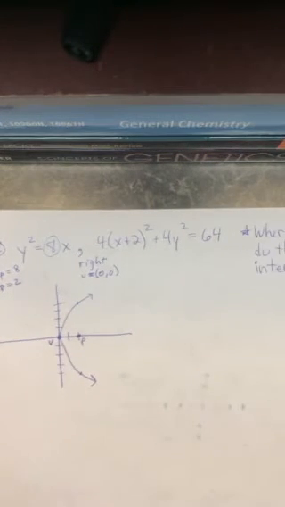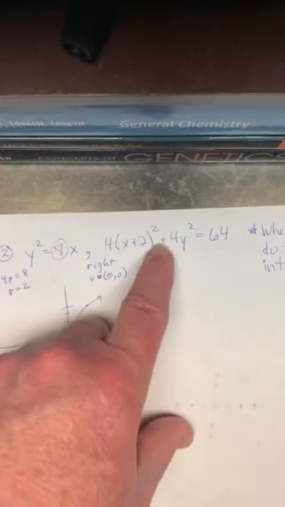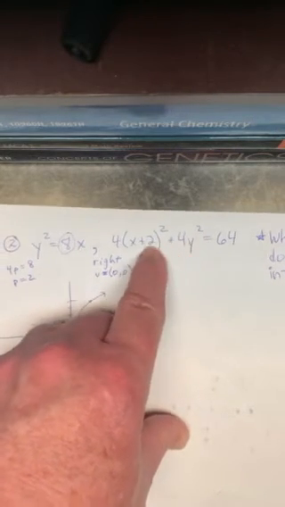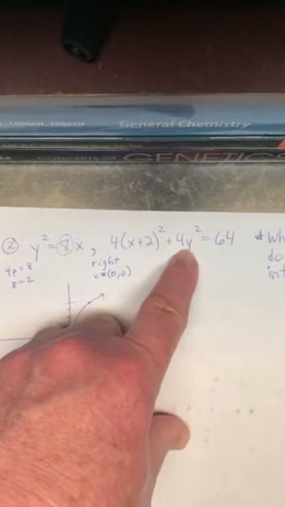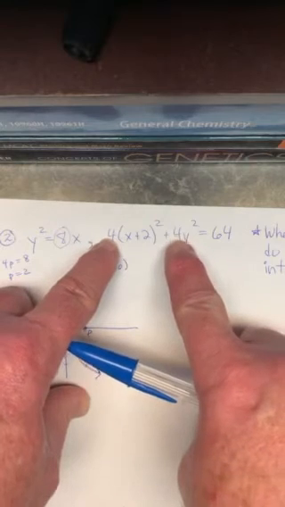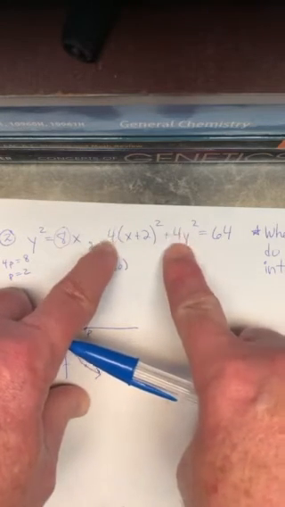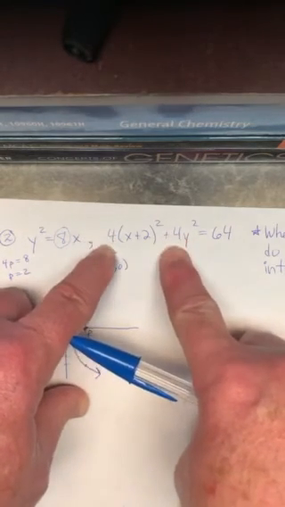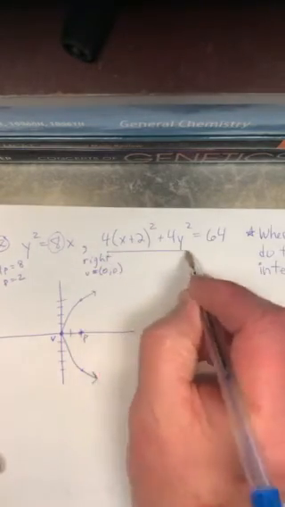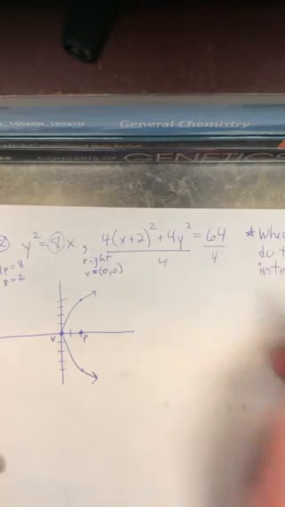Now look at the second conic section. There's a plus in the middle. It's got an x squared and a y squared, so it's either an ellipse or a circle, right? Can't be a hyperbola. Because the coefficients are both the same, a 4 and a 4, that tells me it's a circle, if you think back to the first day of conics. So I'm going to divide both sides by 4.